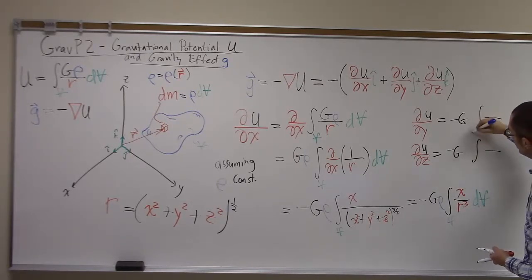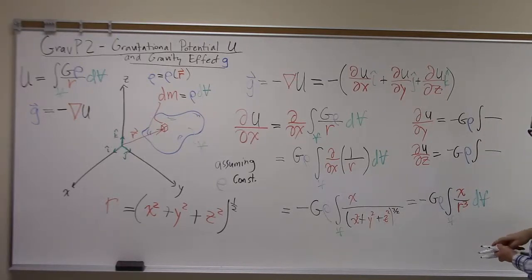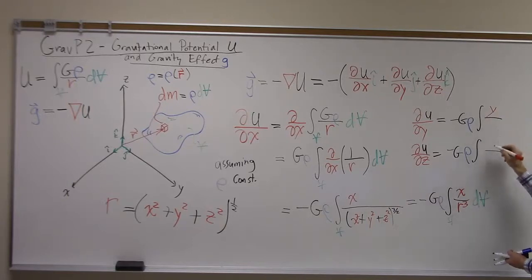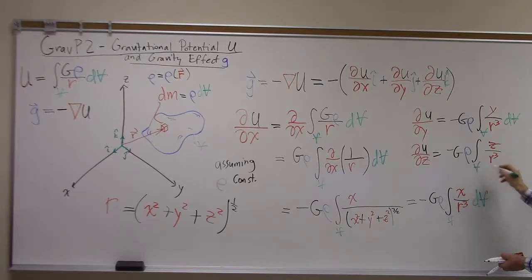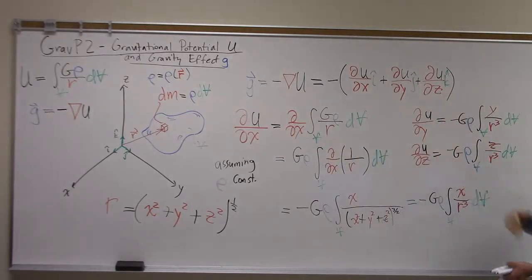Each of those has a negative G rho out front, and then what goes in the numerator corresponds to the derivative that we're taking. So we're going to have a y here and a z here, but in both cases we'll be left with r cubed in the denominator. And these are both also volume integrals. Okay, so now we have our 3 derivatives, du by dx, du by dy, and du by dz.